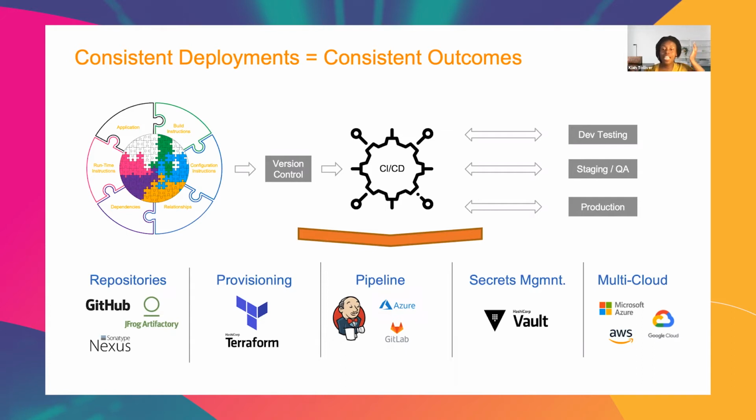And you most likely integrate with other tools like repositories, provisioning solutions, and secrets management. So you'll need a tool that supports those integrations as well. And you'll also want to be able to deploy across multiple environments and clouds without having to go back to your dev team. And you want to be able to also see the status of those deployments across those different clouds and environments in a single place.